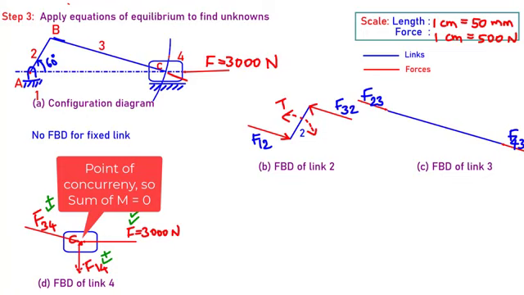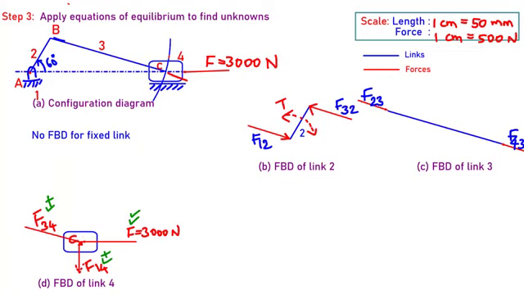By applying summation of F equal to 0, when we draw the force polygon for the three forces, it must be closed. Then we can say the three-force member is in equilibrium. That is the clue, so I am going to draw a force polygon now.